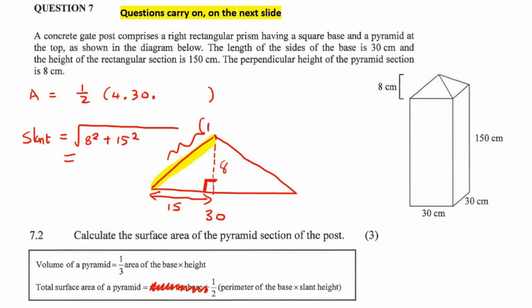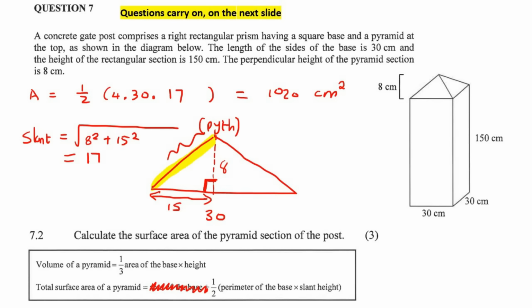Sometimes we should just give a reason and say Pythagoras, and we get 17. Okay, so now we can fill that in as our slant height over there, and then we work it out. And we get 1,020, but this is area, so we say centimeters to the power of 2.